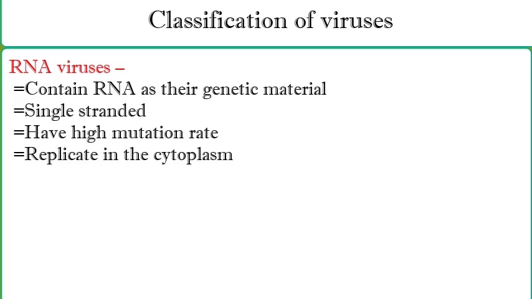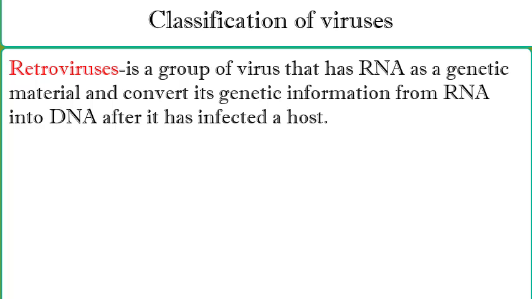RNA viruses have a high mutation rate since they contain RNA as their genetic material, and they replicate in the cytoplasm of the host cell. Provirus is a unique group of virus that has RNA as a genetic material and converts its genetic information from RNA into DNA after the virus has infected a host cell or a host organism.